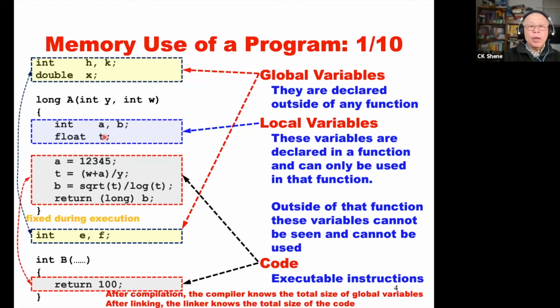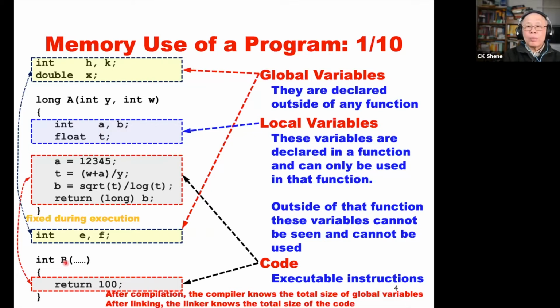For example, here, lowercase a, b, and c can only be used in this long function A. They cannot be used in this integer function B. Even though you declare another int a and b here, this a and this b will be different from that a and that b, because they are associated with and can only be used in this long function A. And if you do have an integer a and b here, they are local variables of this integer function B.